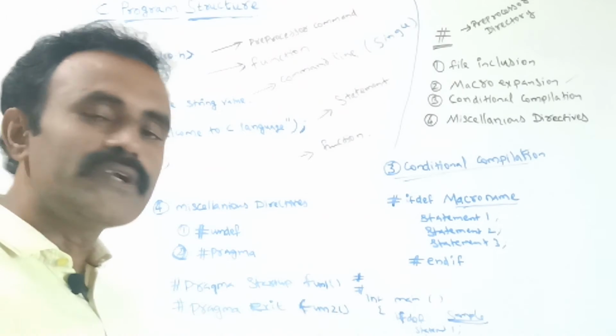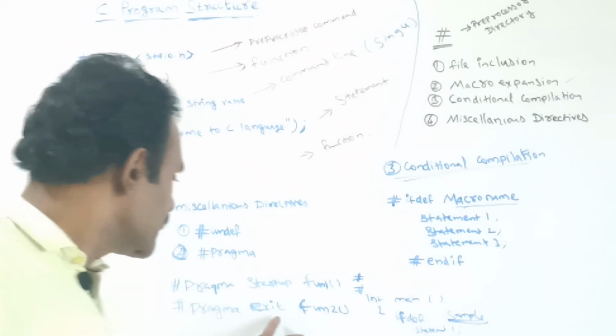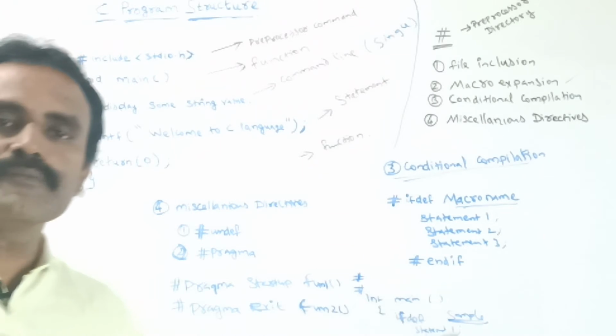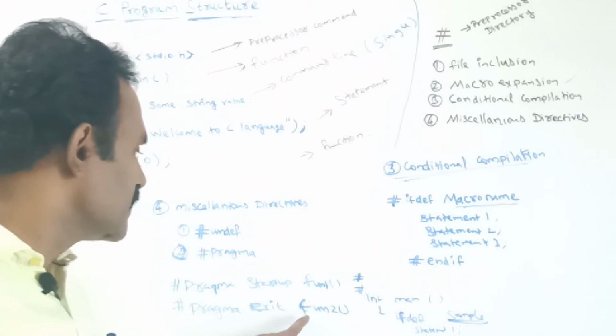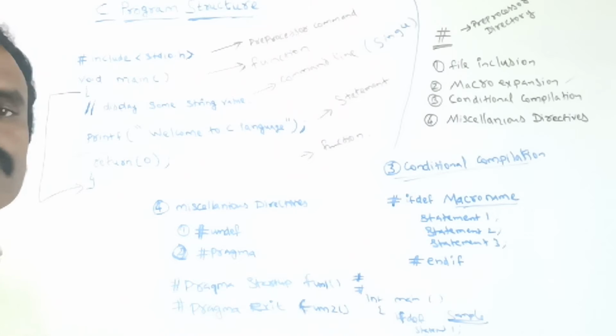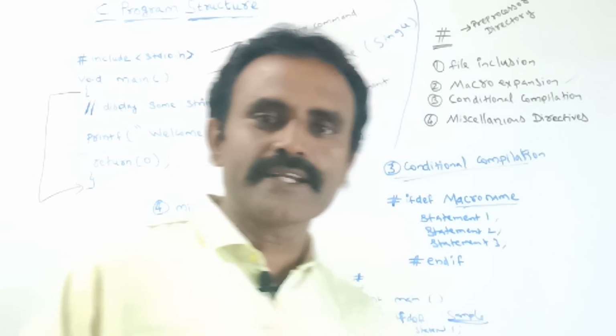Next, before terminating the program, it will execute the Pragma exit function, that is, function 2 which I declared here. So function 2 will be executed before terminating the program. In this way, the Pragma startup and Pragma exit preprocessor directives are used.